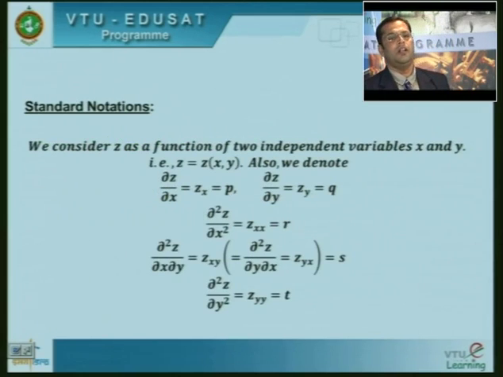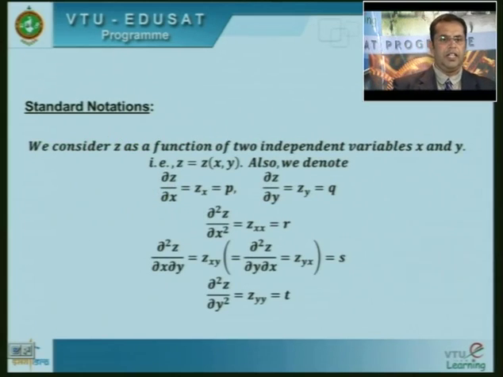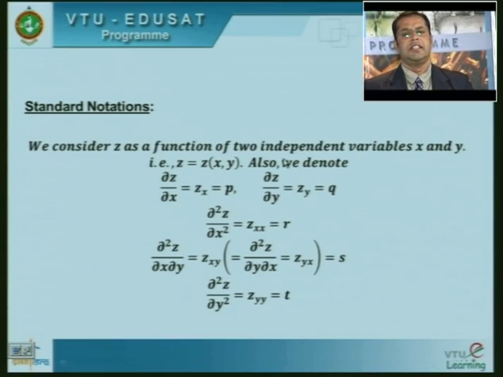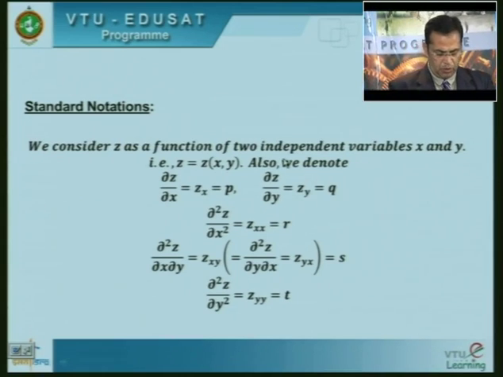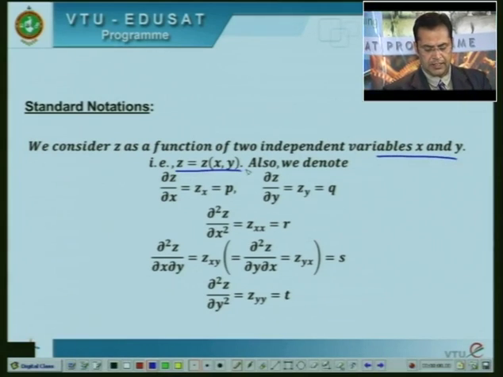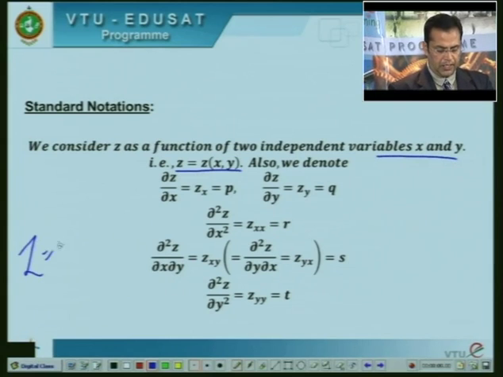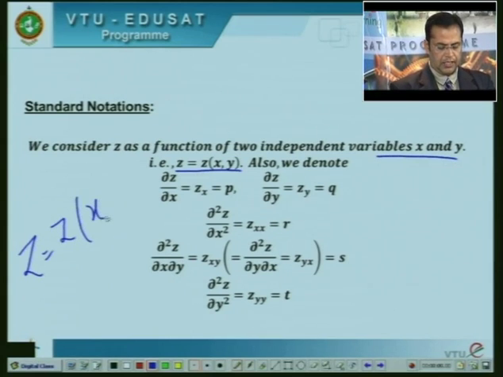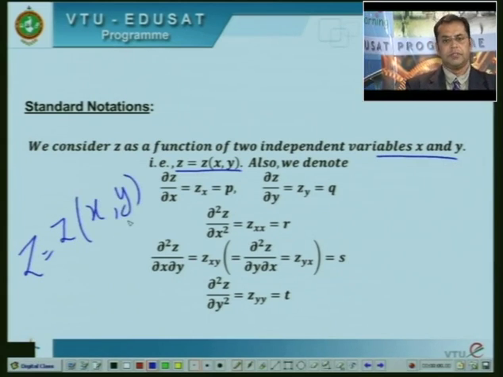Now, we have to recall again the following standard notations. Throughout our lecture today, we will consider z as a function of two independent variables x and y. That is, z is considered to be z of x comma y. This is the standard notation.